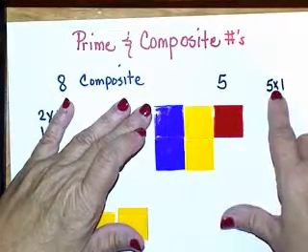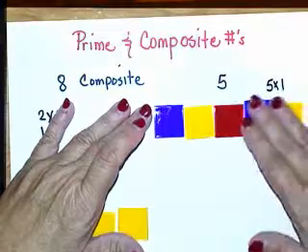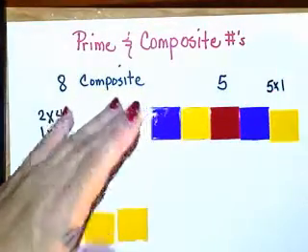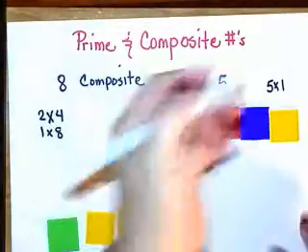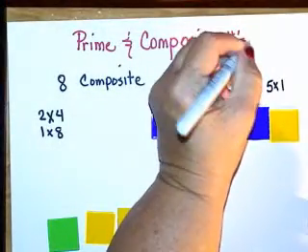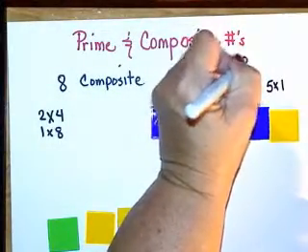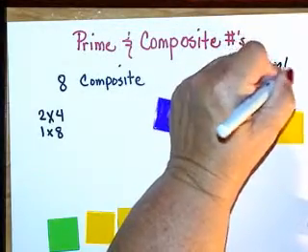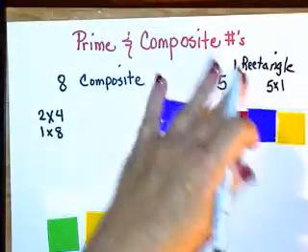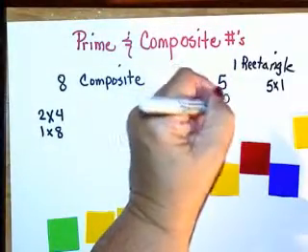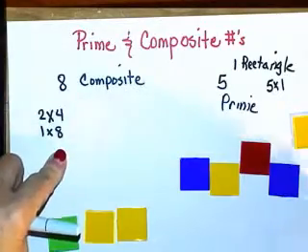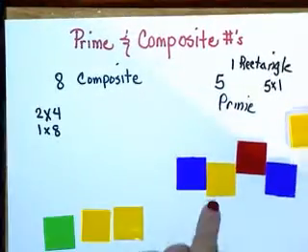So the only way that I can make a rectangle out of 5 tiles is as a 1 by 5 rectangle. In other words, there's one rectangle. So if there's one area model or one rectangle, then I have a prime number. If there's more than one, I have a composite number.